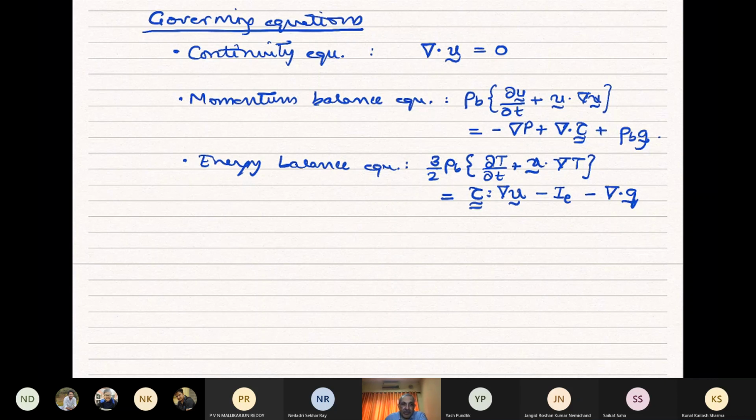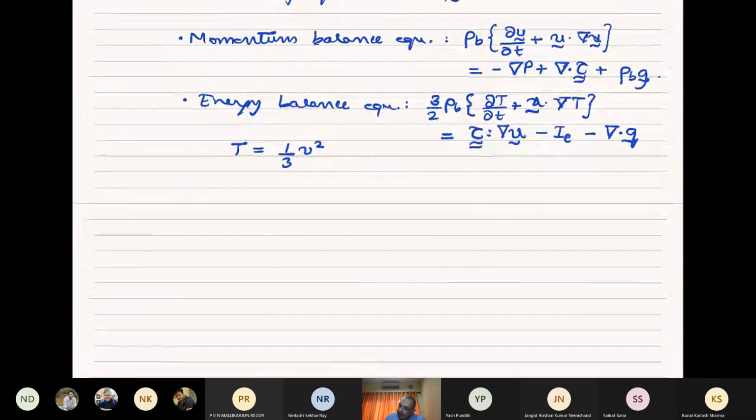So if you see this, here of course our temperature, as we have done before, is just 1/3 V squared. So we can even write down all of these things very easily in terms of the velocity. I mean, we can substitute for temperature as 1/3 V squared, and then we'll get an expression in terms of the temperature.